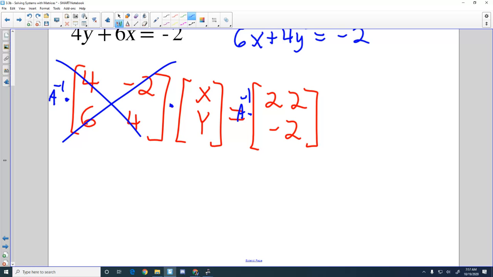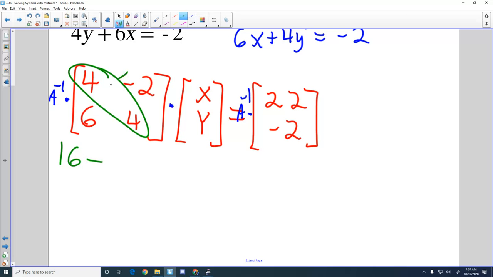So let's start by writing out the inverse of the coefficient matrix. I'm going to take that first diagonal, 4 times 4, which is 16, minus the second diagonal, which is negative 12. I get 28.